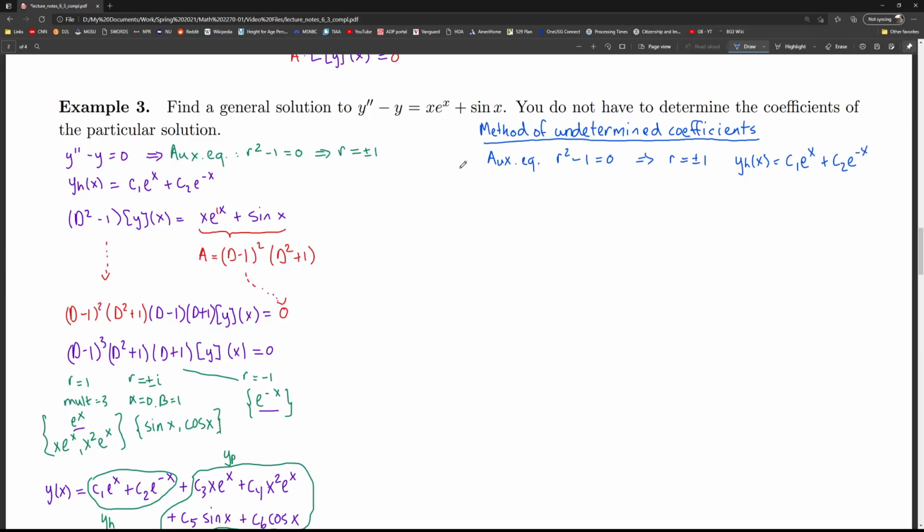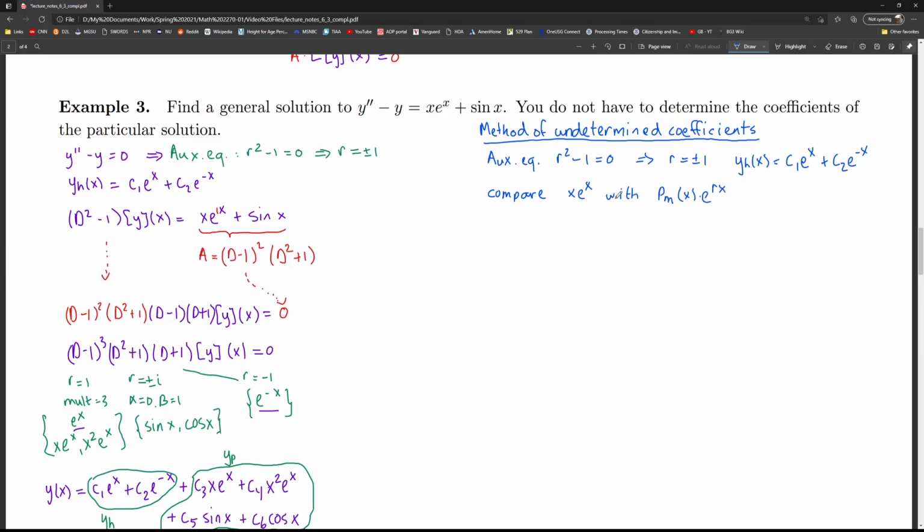But then what we would need to do is compare x e to the power x with a polynomial of x times e to the power rx.